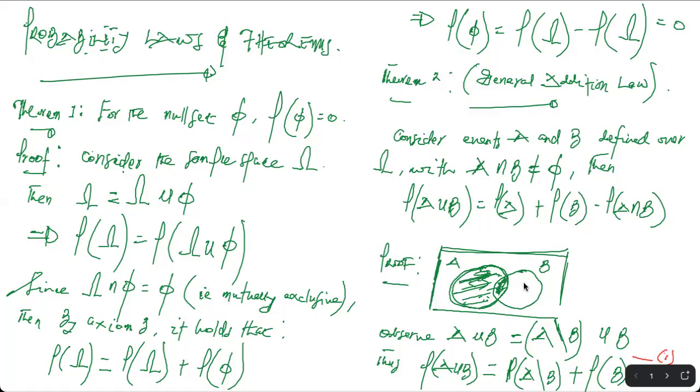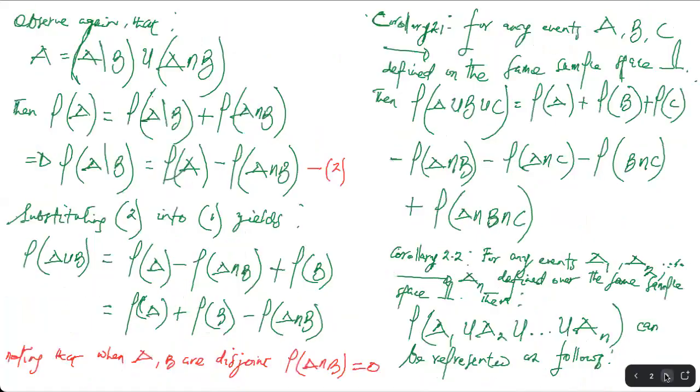In the case where the intersection is not null, the probability of the union would be the sum of the individual probabilities less the probability of their intersection, right? And of course, if the intersection is the empty set, then the probability of that intersection will be zero. That brings us back to axiom 3, which is really the special addition law.